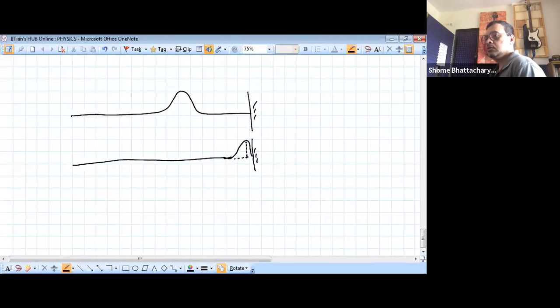The first thing we observe is that the amplitude remains the same, but the width becomes less than this.